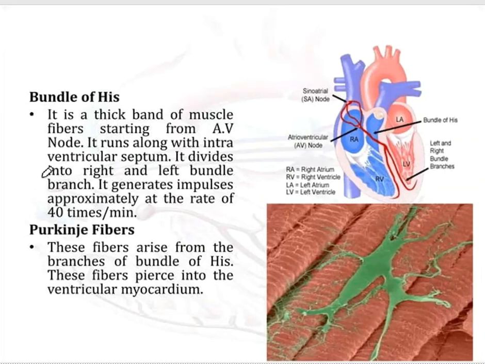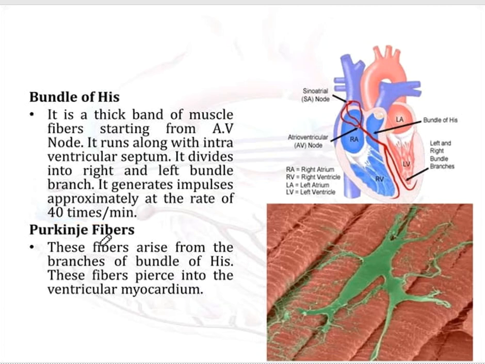Then the bundle of His, as you can see, are thick bands running from the AV node to the interventricular septum. The SA node, then internodal pathways, are further connected to the interventricular septum also. The bundle of His is divided into two, running into right and left bundle branches, which generate impulses to contract the ventricles at a rate of 40 times per minute.